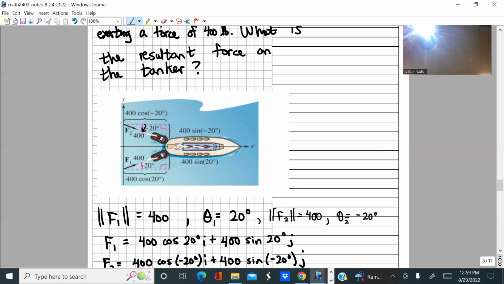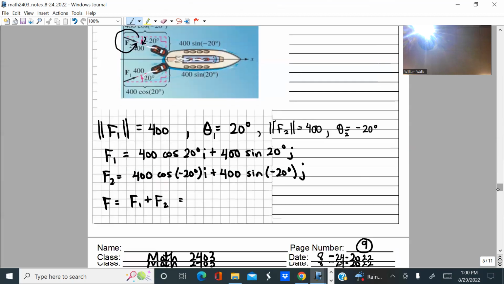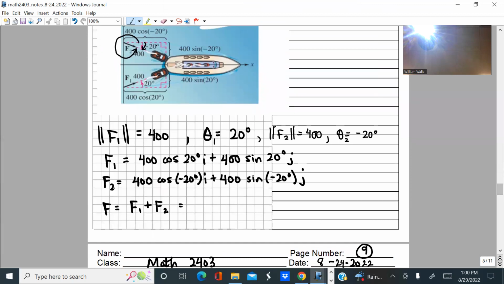But if you insisted on using positive angles, you could also measure the angle this way, and you'd end up with 340. But let's go ahead and use the minus 20 degrees like they have in the diagram.